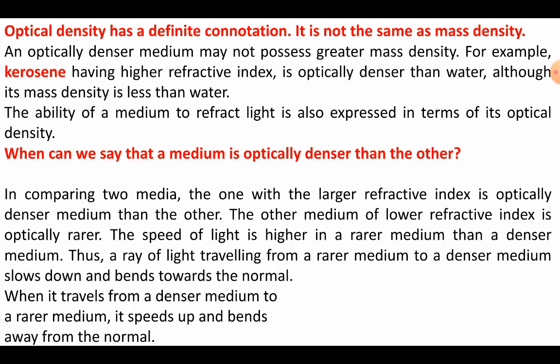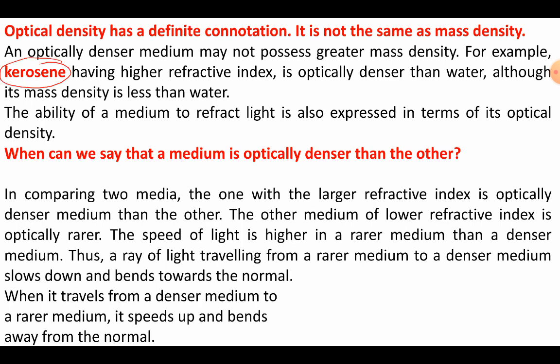Now moving on to one very important topic, optical density and mass density. We often talk about these two, optical density and mass density, do they have the same meaning? So the answer to this is no, they do not have the same meaning. These are two different physical quantities. For example, let us talk about kerosene.